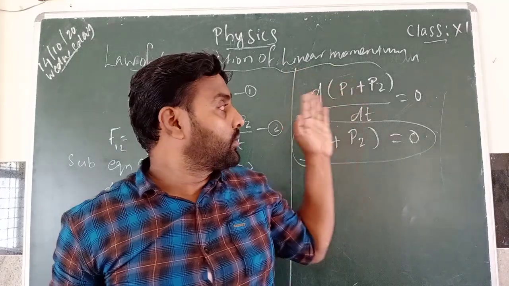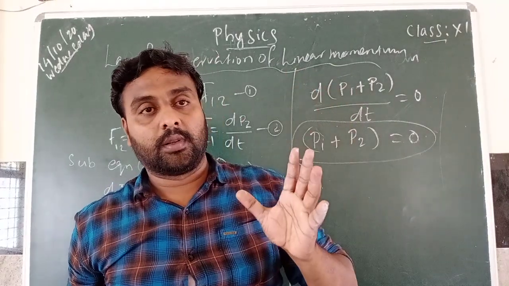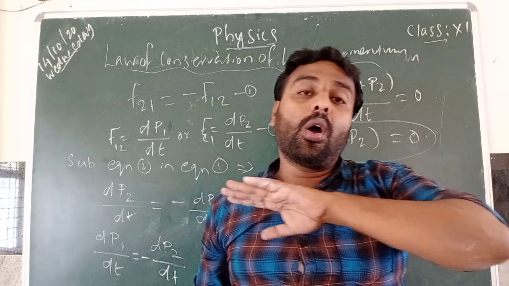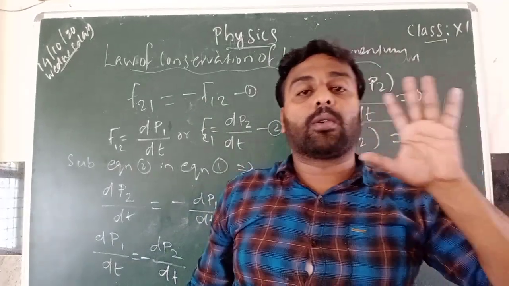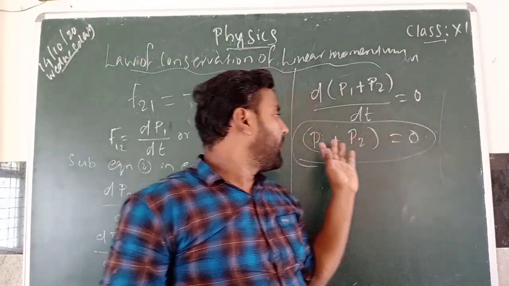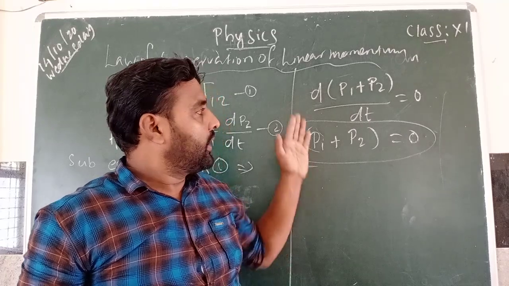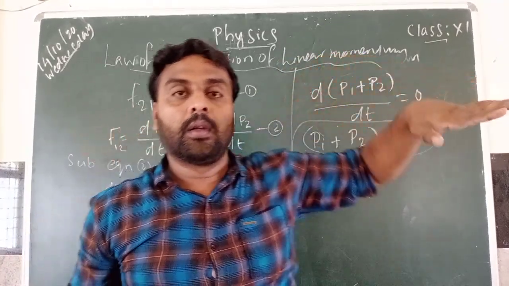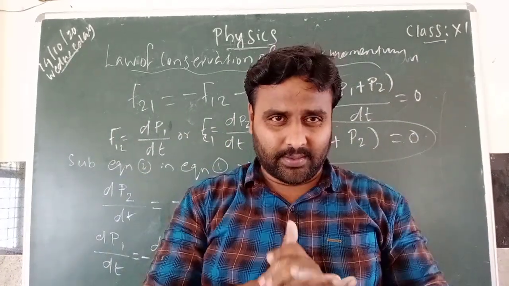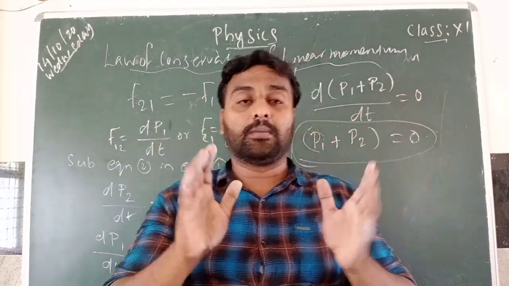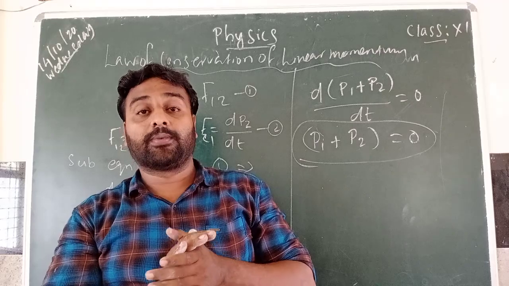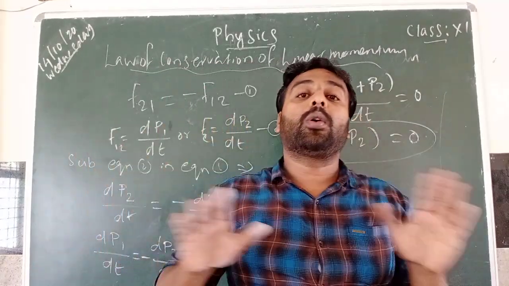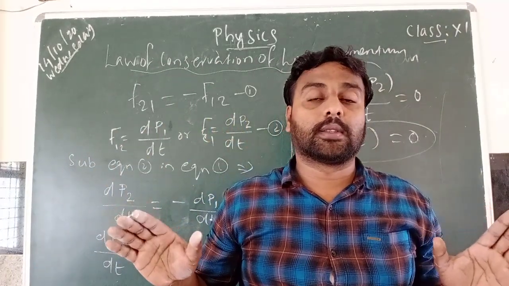Now, based on this there is a law. If there is no external force acting on the system, then what will happen? Then always the momentum becomes a constant vector. The linear momentum becomes a constant vector if there is no external force acting on the system.